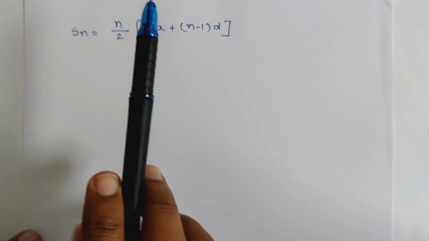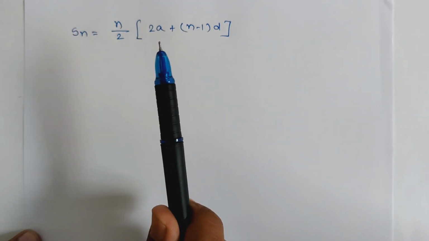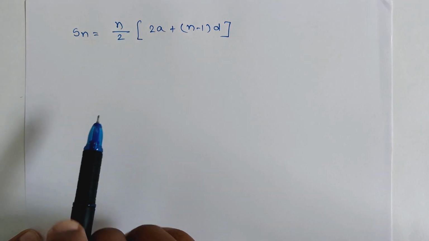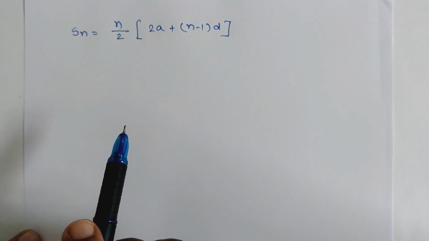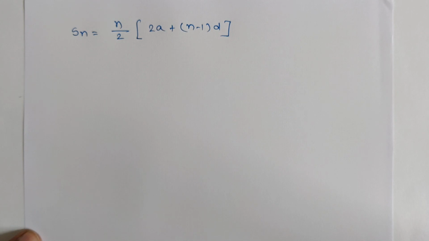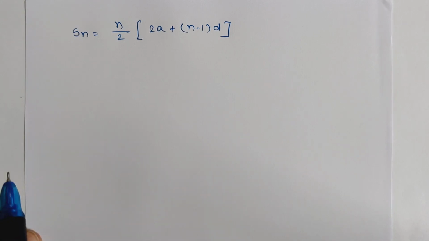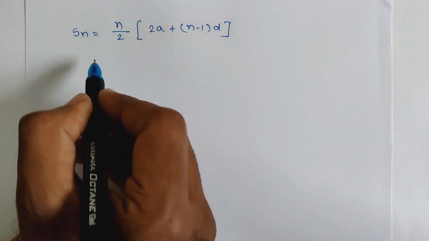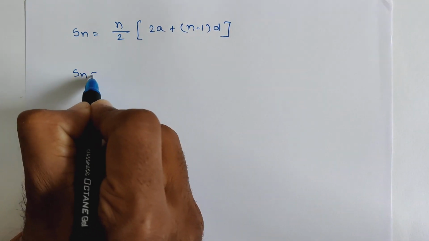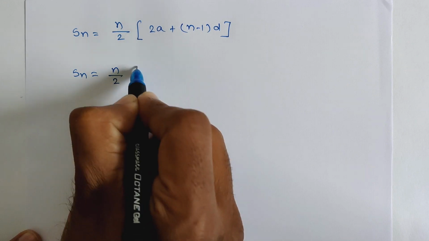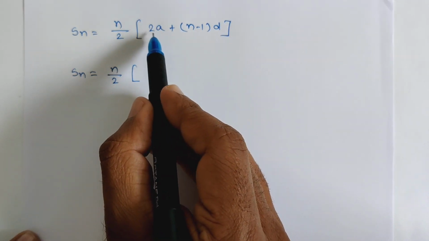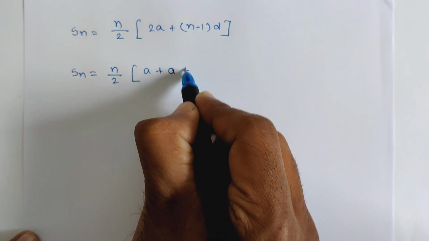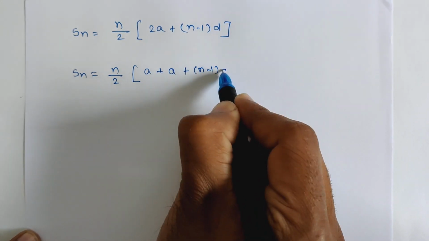But if only the first term and last term are given for an AP, from that also we can find the sum of all terms in an AP. For that we need another formula which can be derived from this basic formula. We can write Sn is equal to n by 2 into bracket, splitting 2a into a plus a, and n minus 1 into d as it is.